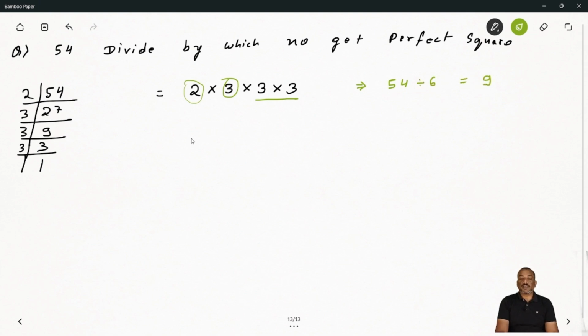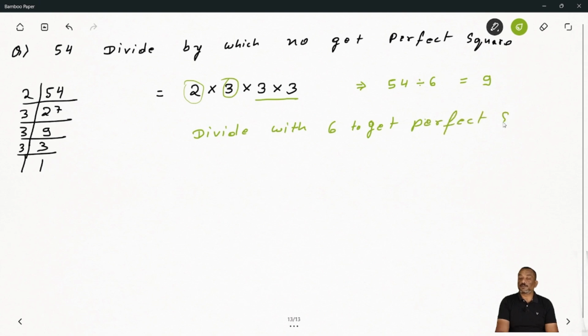Okay, so we divide with the unpaired numbers, 6, to get a perfect square.